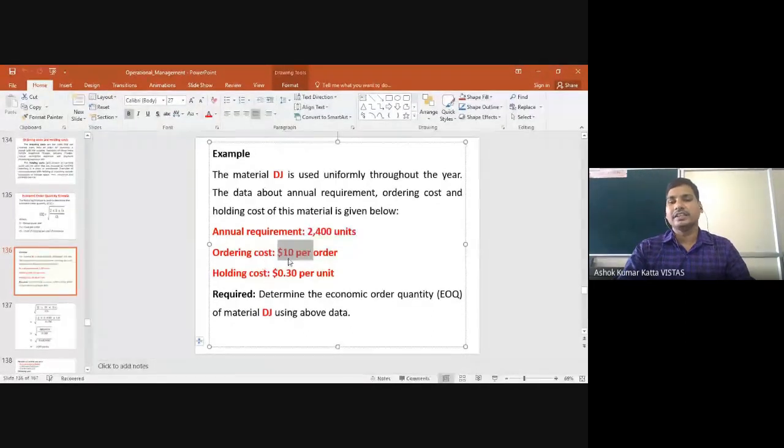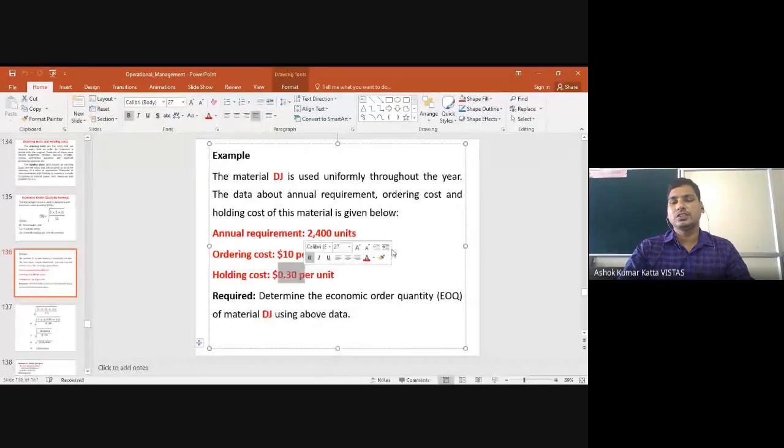For ordering they are spending $10. For holding one unit they are spending $0.30. Now, in a year, how many times are they giving orders? In a year, what is the total ordering cost? In a year, what is the total holding cost?